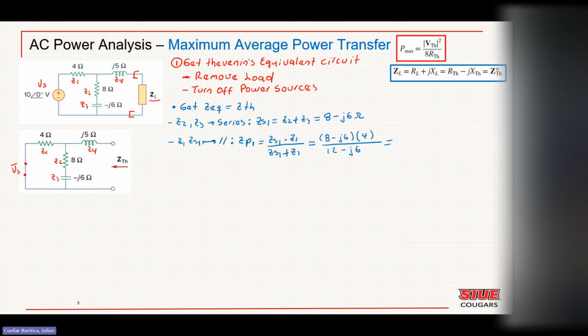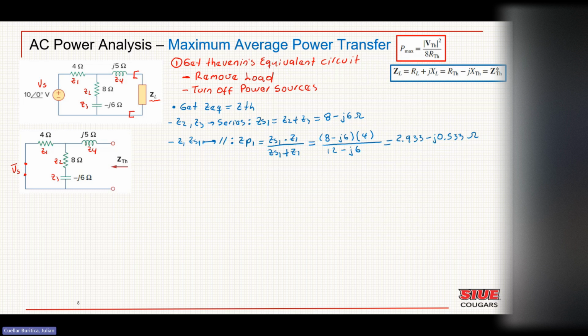Okay, please verify your numbers. I got 2.933 minus J 0.5333 ohms.